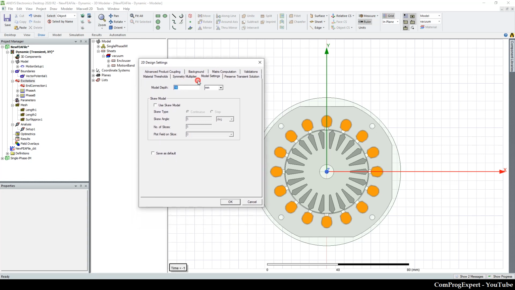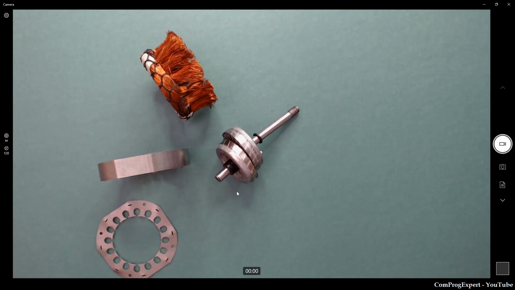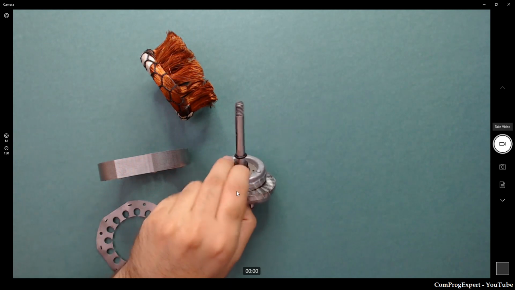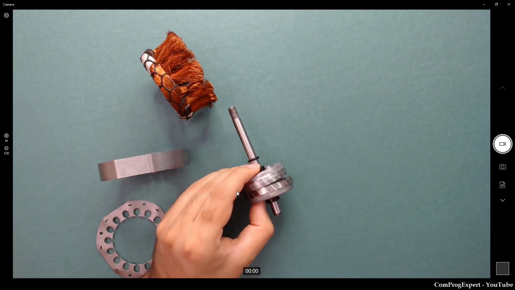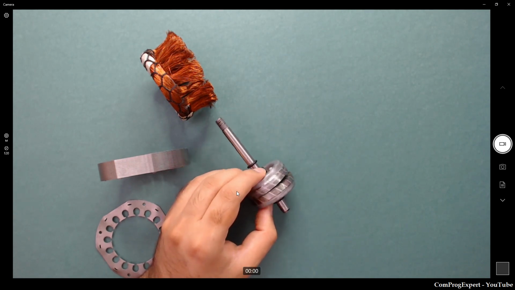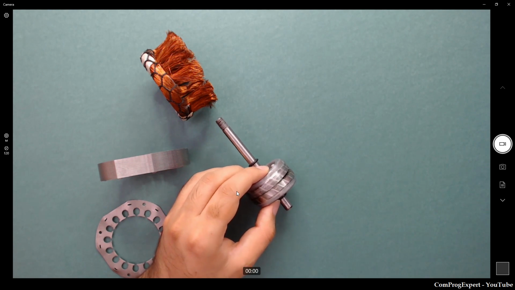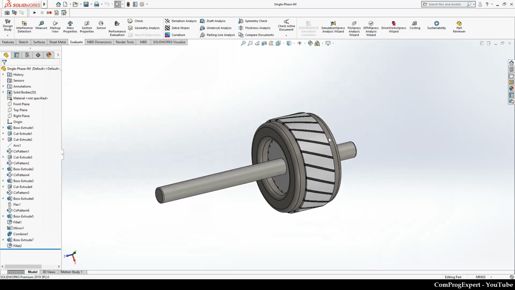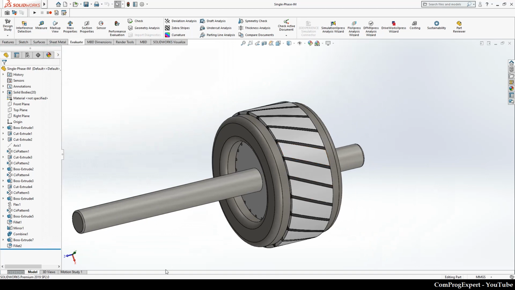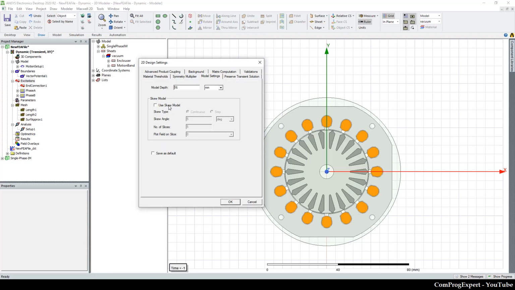And the next thing that we should consider is the skew model, right? Here, as you can see, the rotor is skewed, and we should set the skew angle. Actually, we have a continuous skew for the rotor core. I know the skew angle, and we should set the skew for this simulation. So I check this, use skew model.